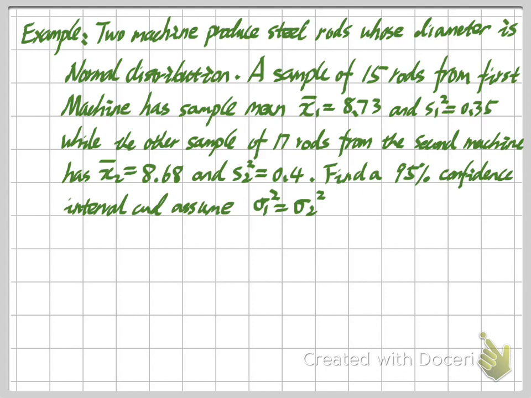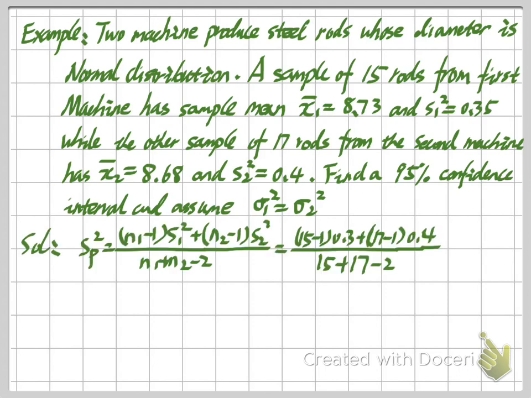So here we need to plug in all the information we know into the formula of our S square P. Because N1 is equal to 15, N2 equal to 17, and we have S1 square equal to 0.3, S2 square equal to 0.4. Based on this equation, we can use a calculator to compute this value.